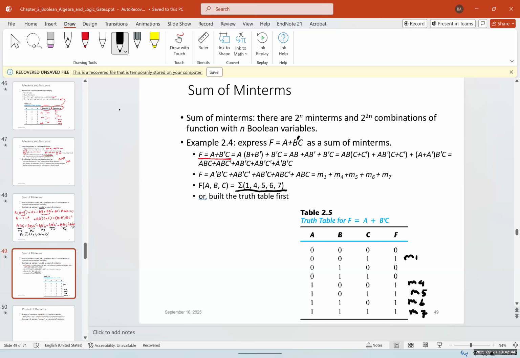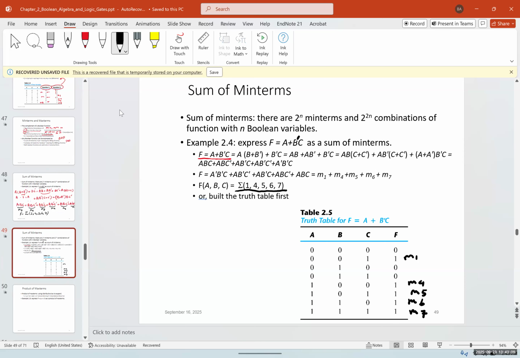So at M1, 4, 5, 6, 7, F is equal to 1, and the rest is 0.